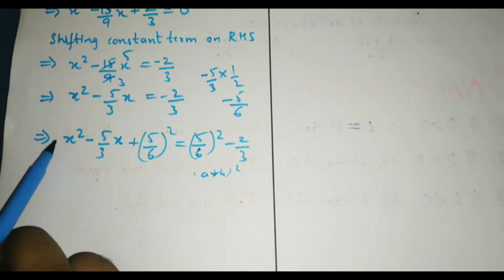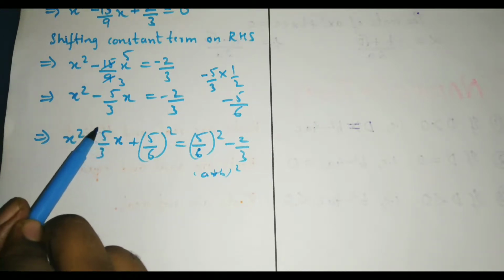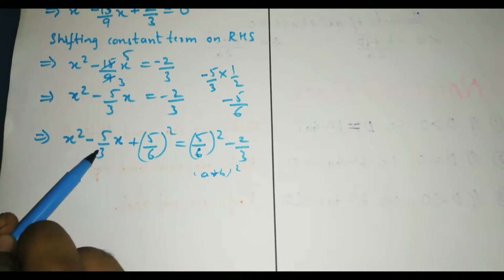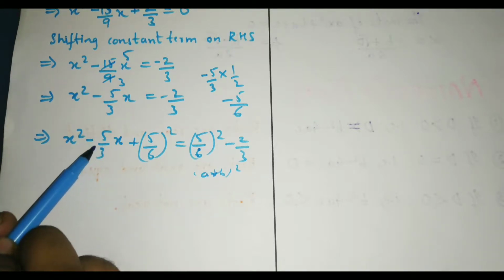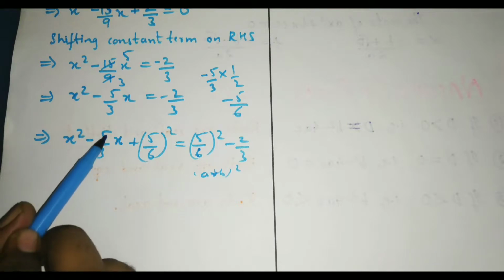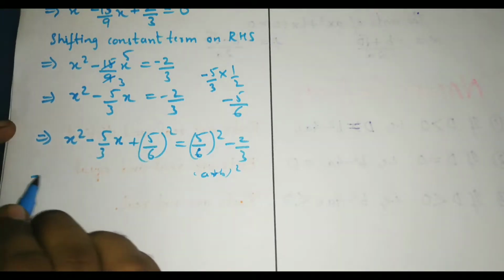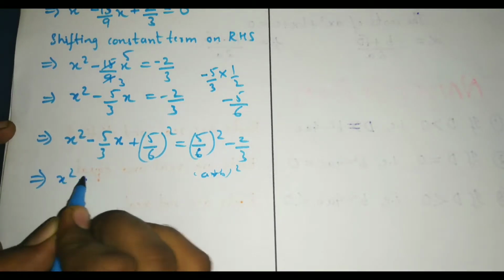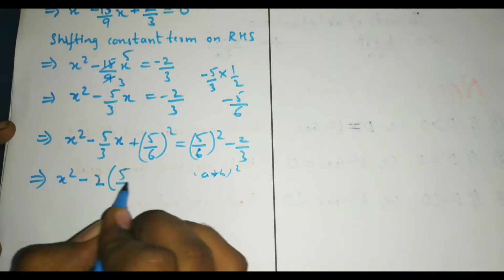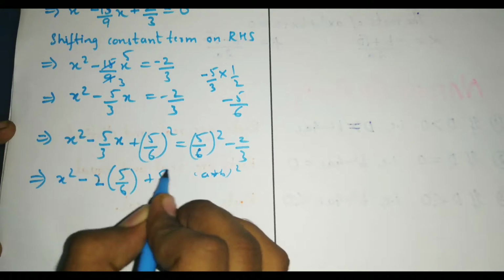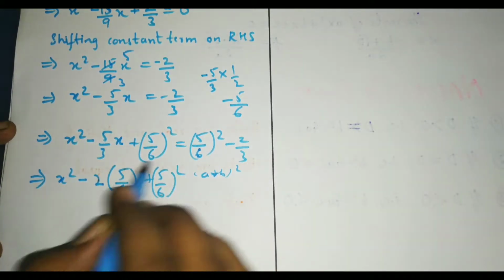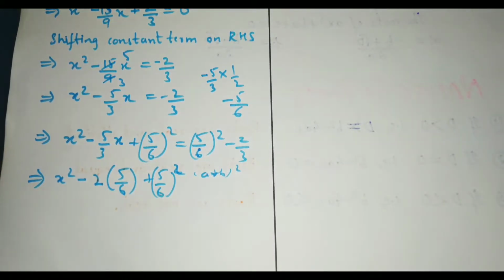A is nothing but x and b should come, so 5 by 6 should come here. But the problem is here it is 5 by 3. So what you have to do? You have to just replace it, I will tell you. We can write it as x square minus 2 into 5 by 6 x plus 5 by 6 the whole square. Can we write the LHS like this or not?